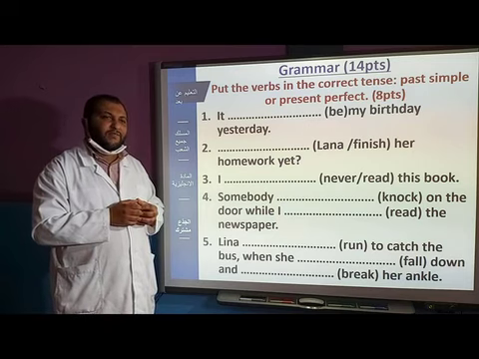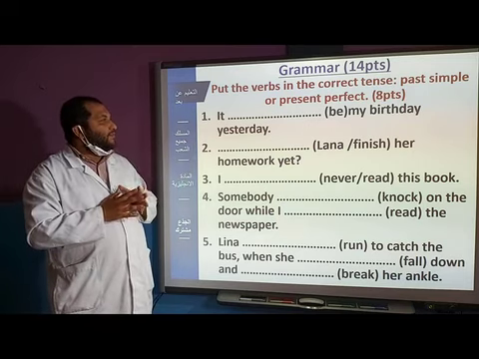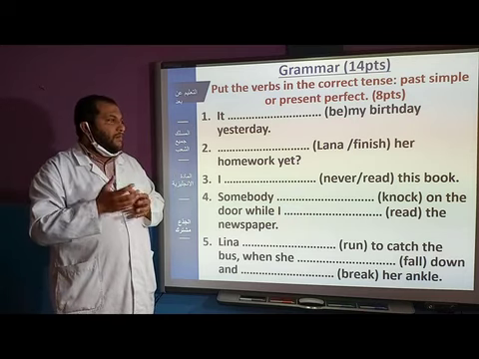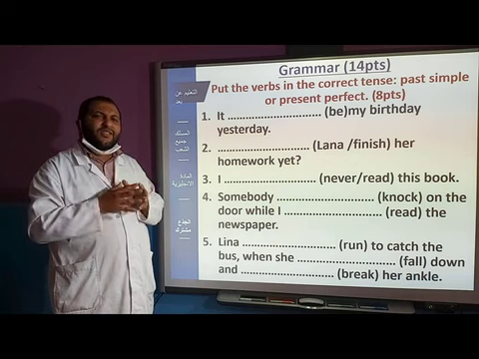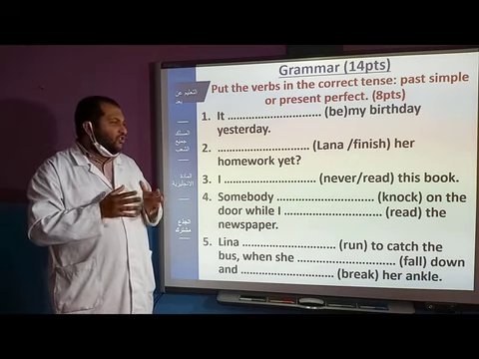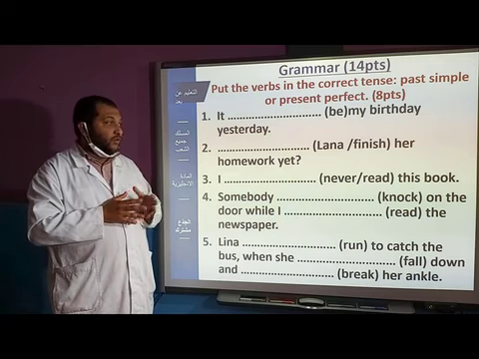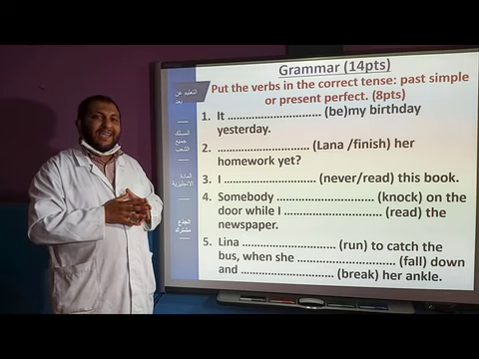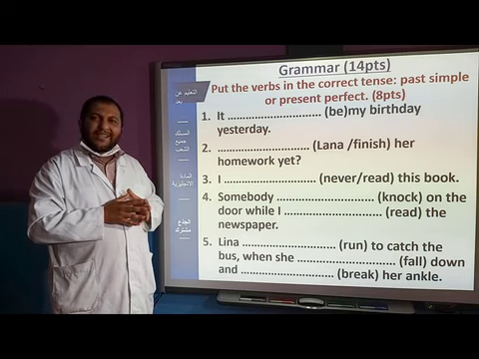Number 1, it, be, my birthday yesterday. Number 2, Lana, finished, her homework yet? Question. 3, I never read this book.